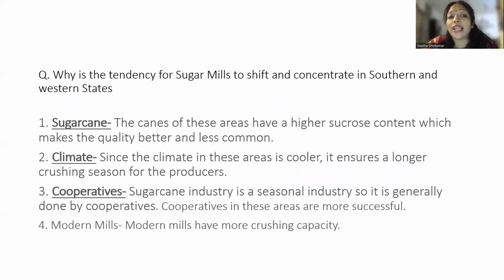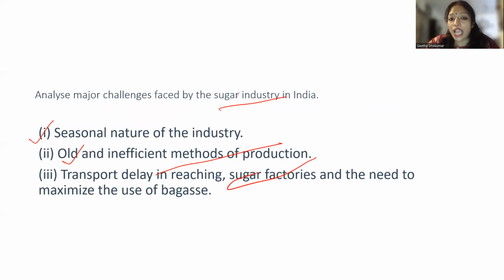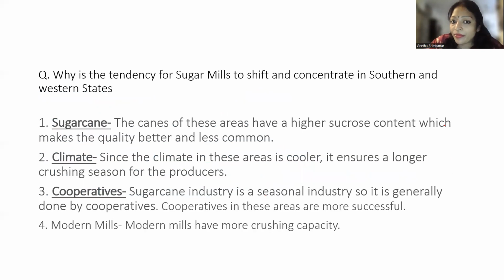So that is also one of the major challenges faced by the sugar industry. You can get a question like, for example, what are the different reasons why sugar mills have shifted to the southern and western states? Write any 2 challenges. So out of these 3 challenges, you can write any 2. The first one is sugarcane.